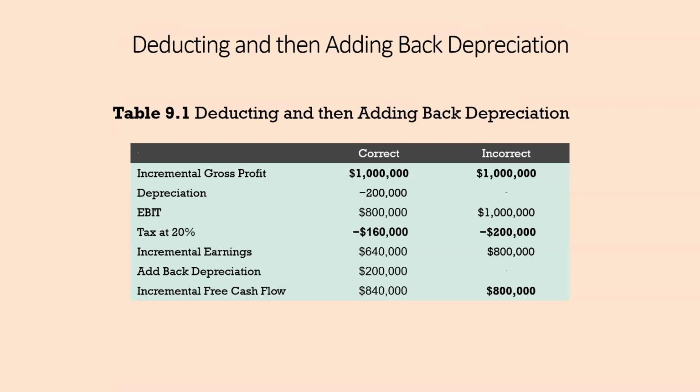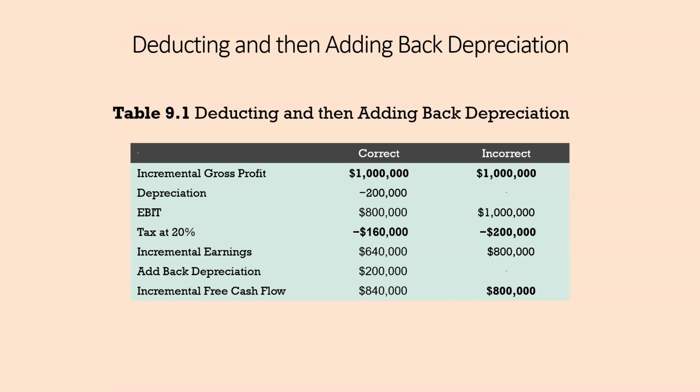If the firm's tax rate stands at 20%, the incremental earnings would amount to what? (1 million minus 200,000) times (1 minus 0.20) gives you $640,000.